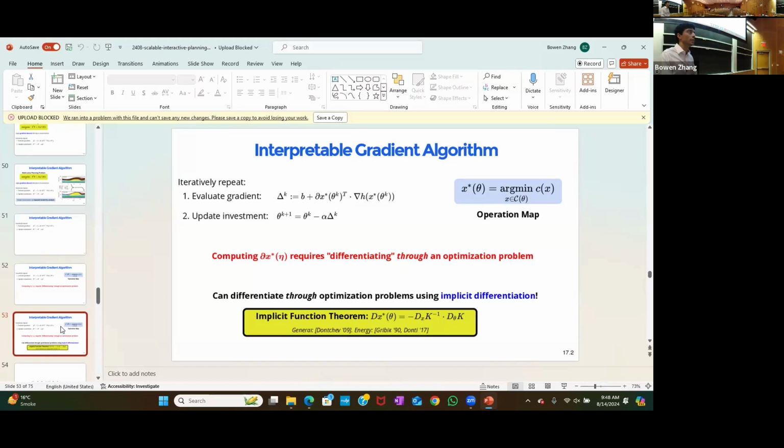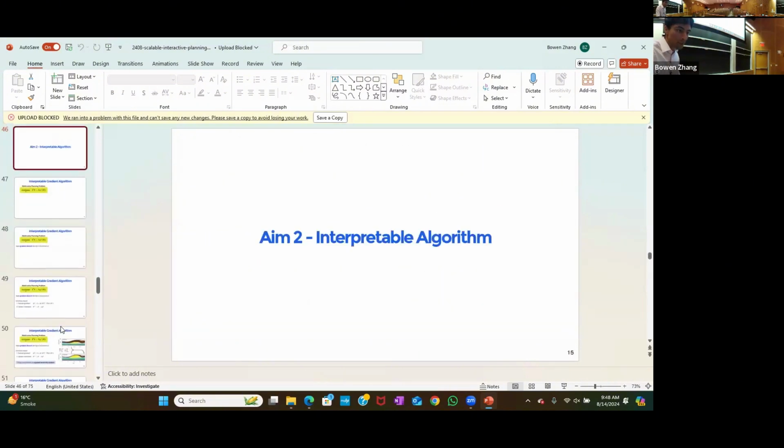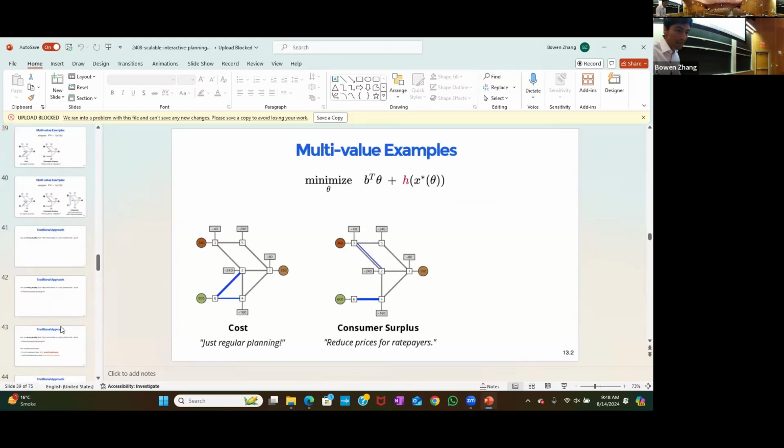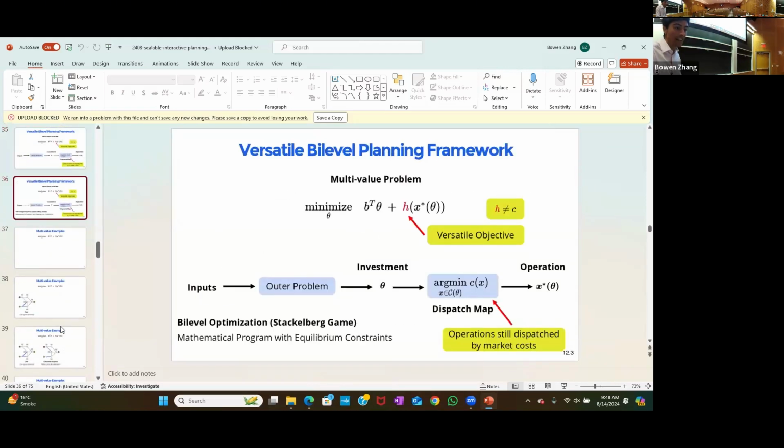And if I'm recalling correctly, applying Benders decomposition to these bi-level problems, specifically where we had this H instead of C in the objective, is much less obvious. So it's much harder to apply it to this type of objective than to something where you have the same C equals H setting.